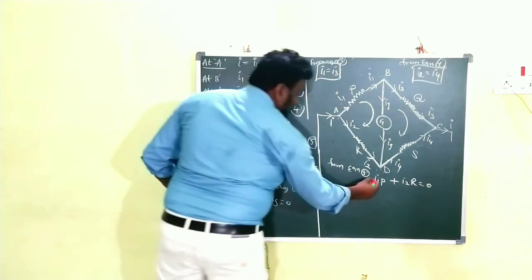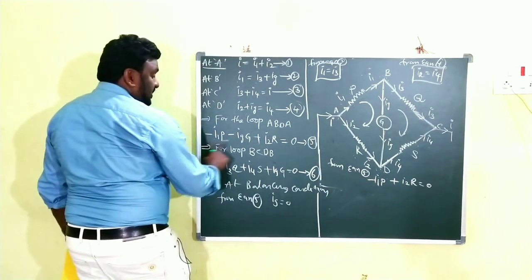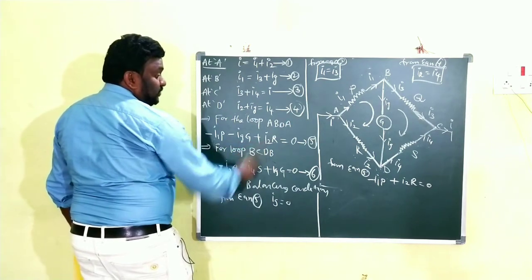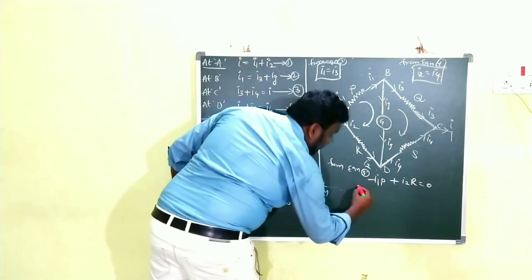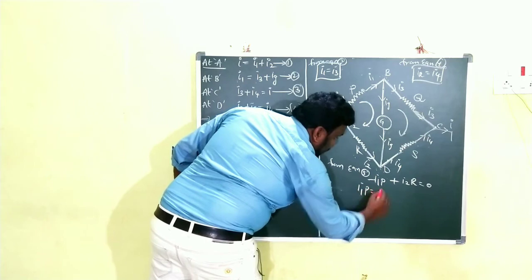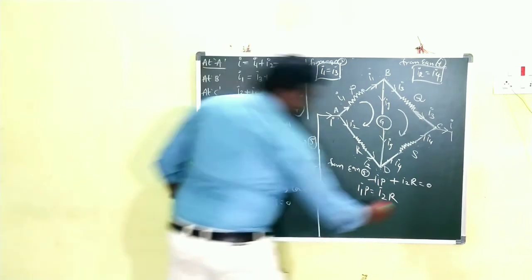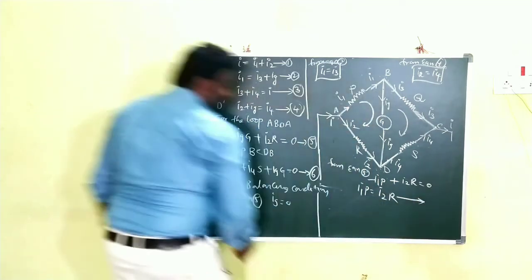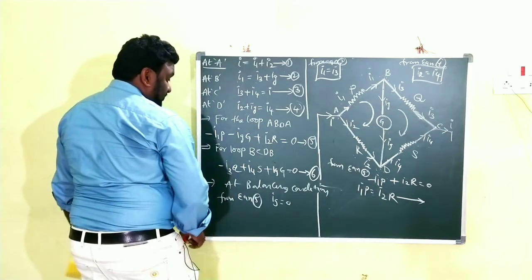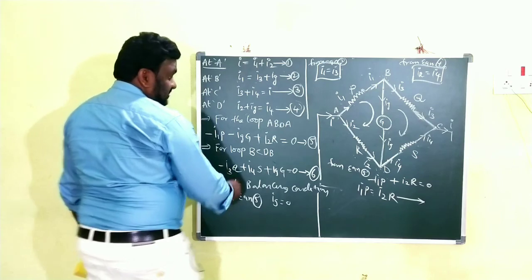Minus I1P minus 0 plus I2R. That means what, children? I1P is equal to I2R. So this is equation number 7.